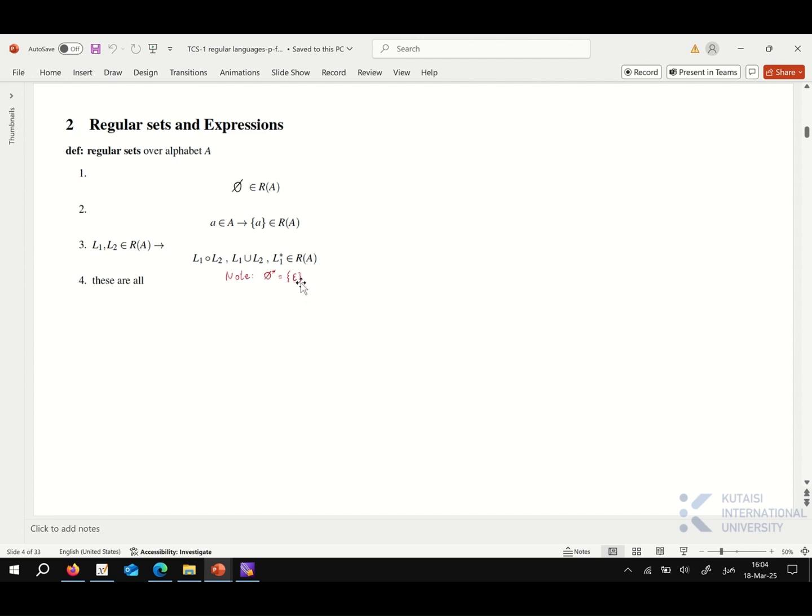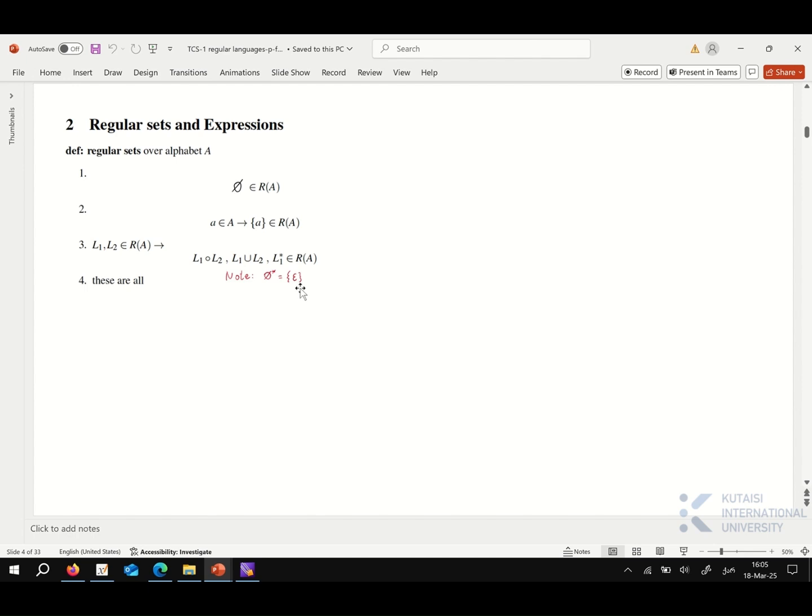So epsilon will automatically be regular. One language that contains one string, namely the empty string, will also be regular, but the empty language is different. If you think about DFAs, the empty language would be a DFA where you do not have accepting states. And something that has an accepting state as a start state, but then transitions to something else and never accepts afterwards, that will accept epsilon.